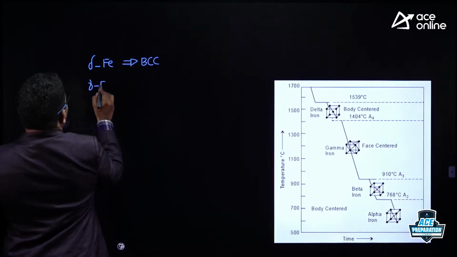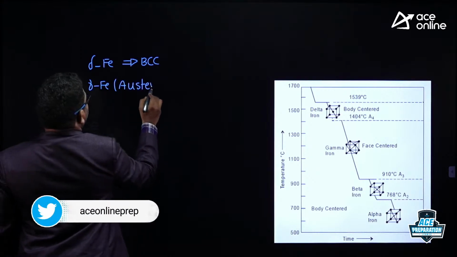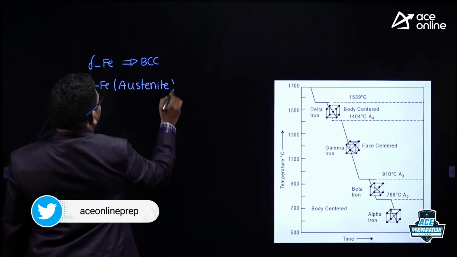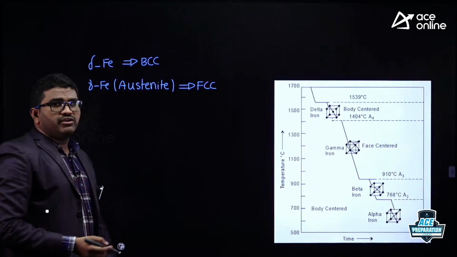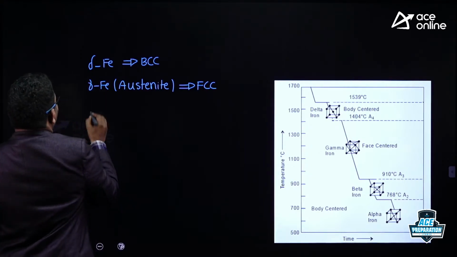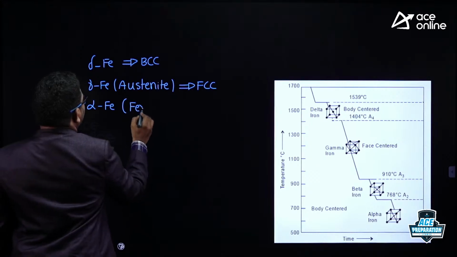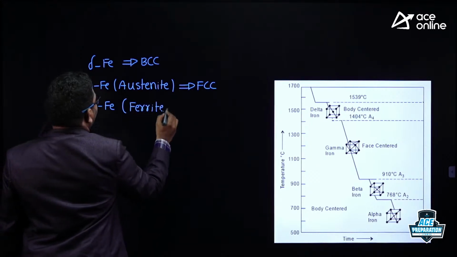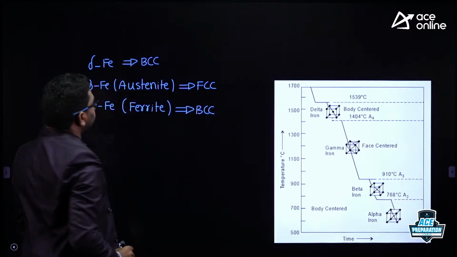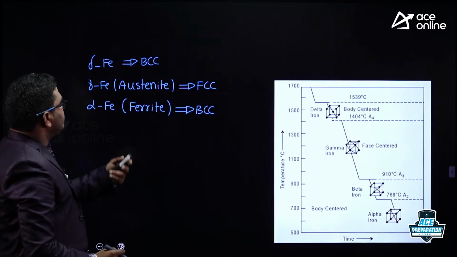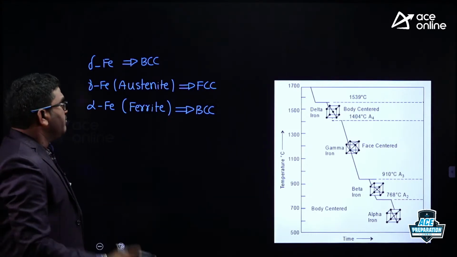Gamma iron is also known as austenite. Its structure is FCC. This question was asked in GATE 2022 this year. And alpha iron, we can say ferrite. Its structure is again BCC. And cementite is orthorhombic structure. You should remember these structures, very, very important for your exam.